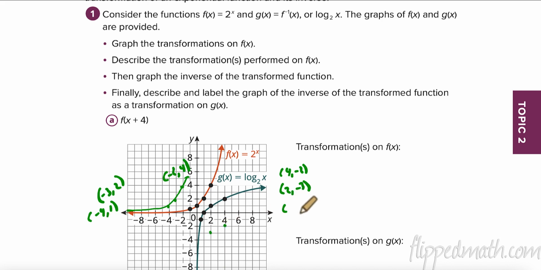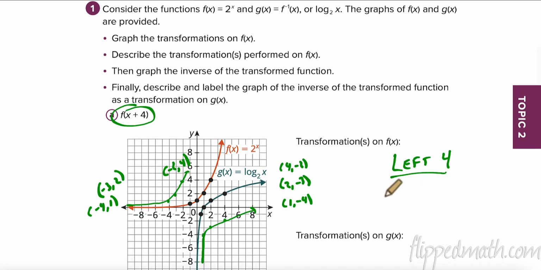And negative 4, 1 is going to become 1, negative 4. So now let's take a look and see what happens to that graph. What happened here? The transformation on the original graph, we all agreed, was left 4, right?